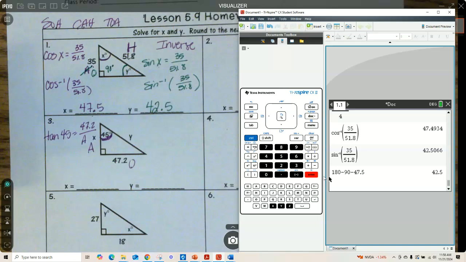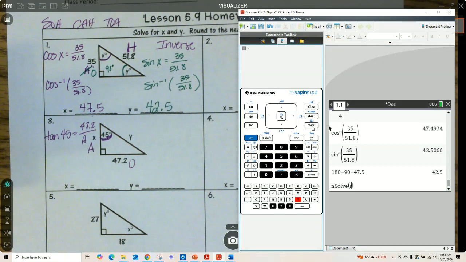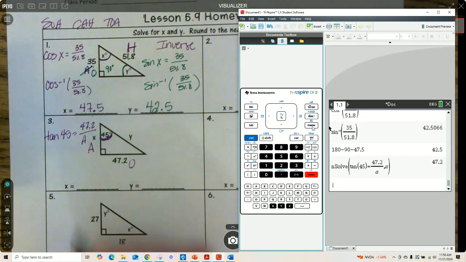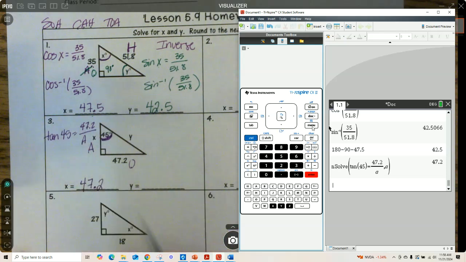When we're looking for a side, we have to do the menu 3-1. Okay, so the tangent of 45 equals 47.2 over, I use the A, O, and H instead of the X's just so I remember what side I'm working with. Comma A, we're rounding to the 10th, so that one did it for us, 47.2.